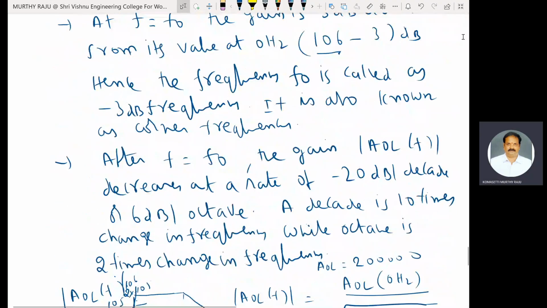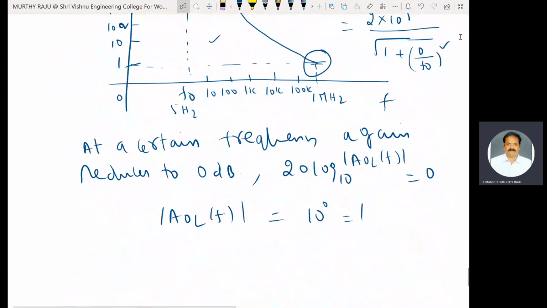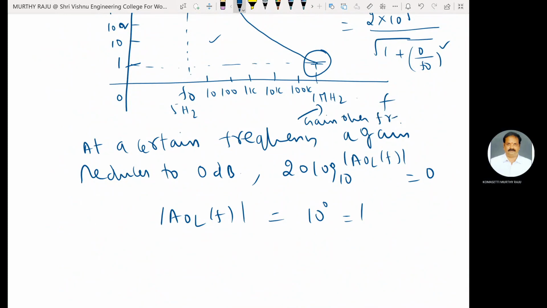Such a frequency is called the gain crossover frequency. The open loop gain of an operational amplifier reaches either 0 dB or 1 at a particular frequency.